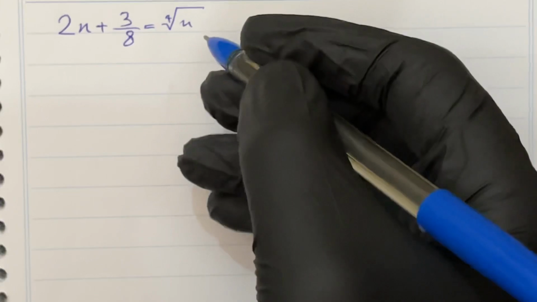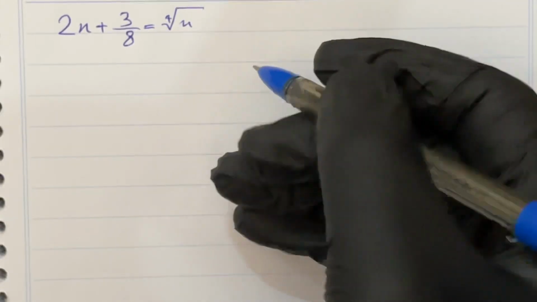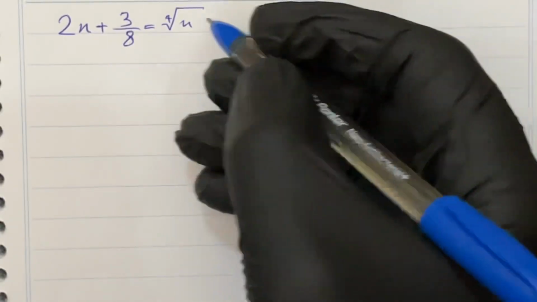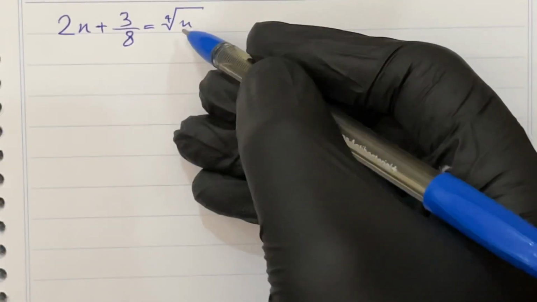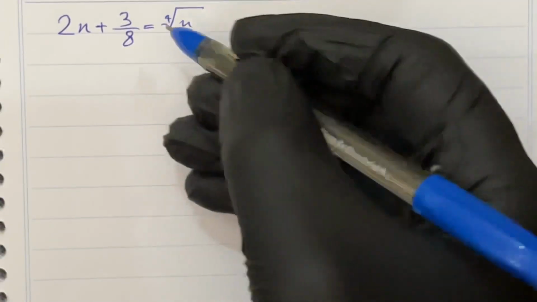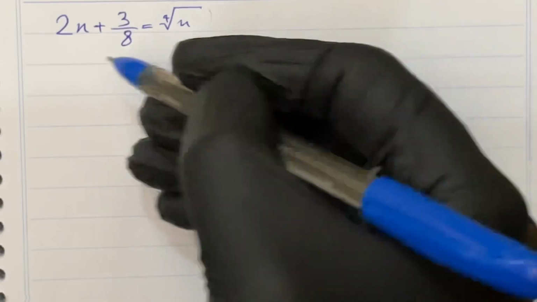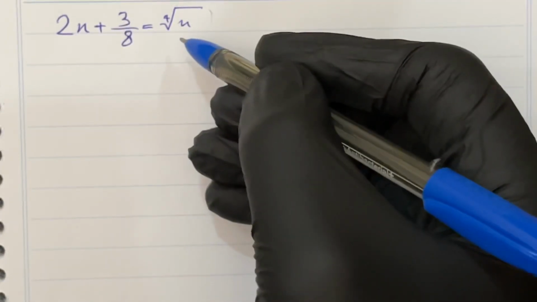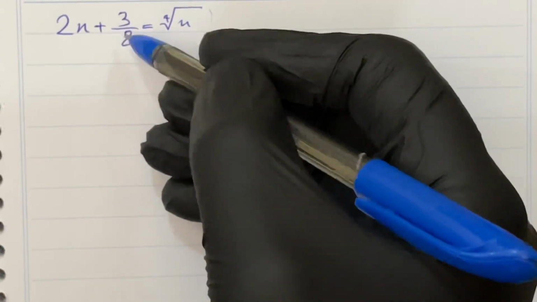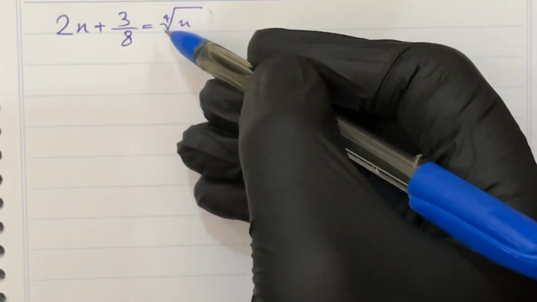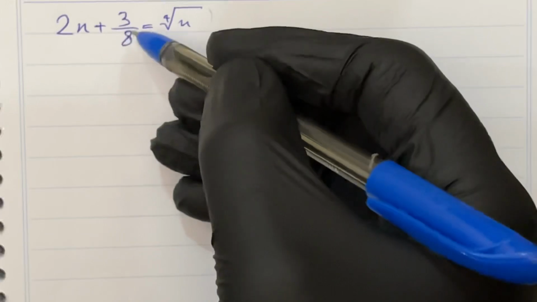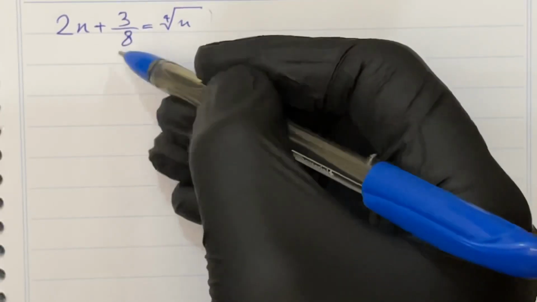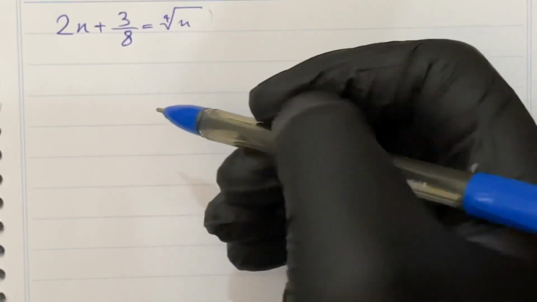But our substitution has a critical point. I prefer not to just simplify this, but to simplify this too. Why? Because after simplifying, we have to multiply both sides by 8 to get rid of this denominator. This denominator bothers us.